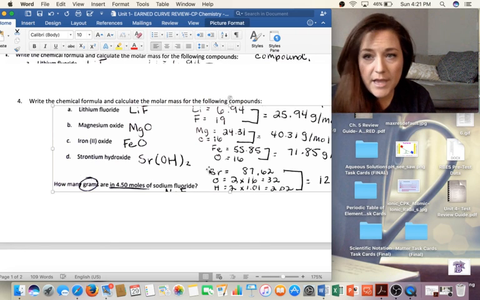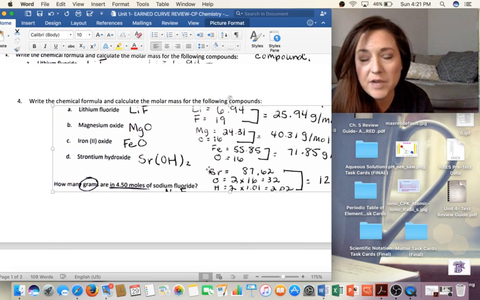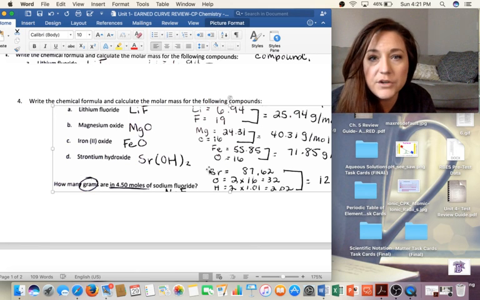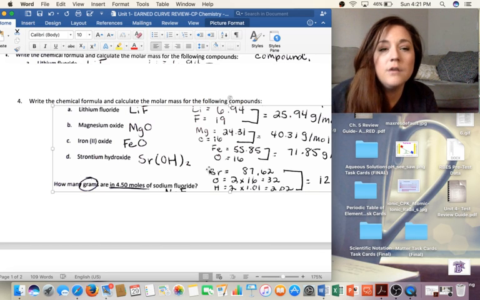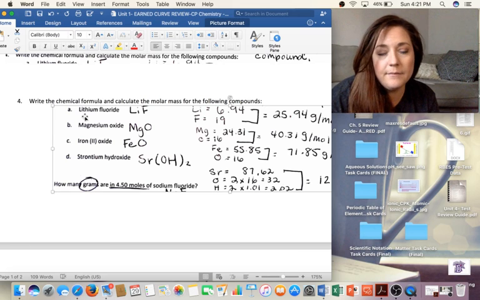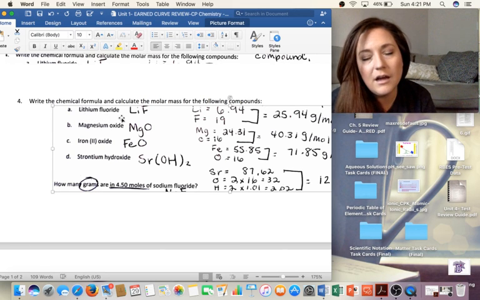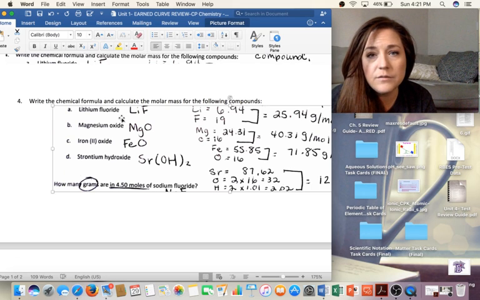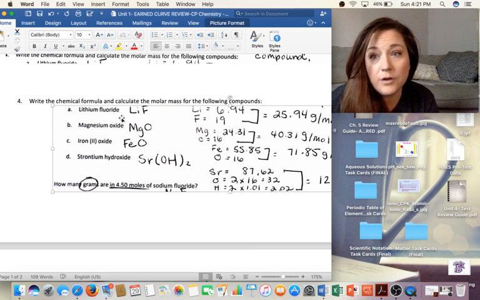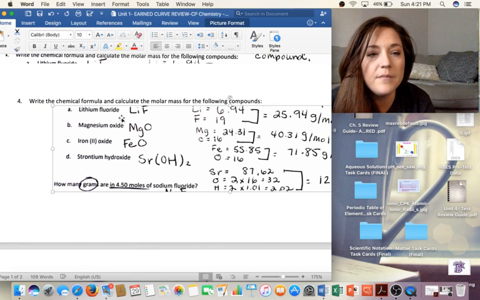Number 4 asked you to find the molar mass. You are trying to find how many grams of a given pure substance are in 1 mole. So, 4A, lithium fluoride, from the ionic section from last semester, you should have been able to write out lithium, Li, and then F for fluorine, which is fluoride when you have it in the compound.